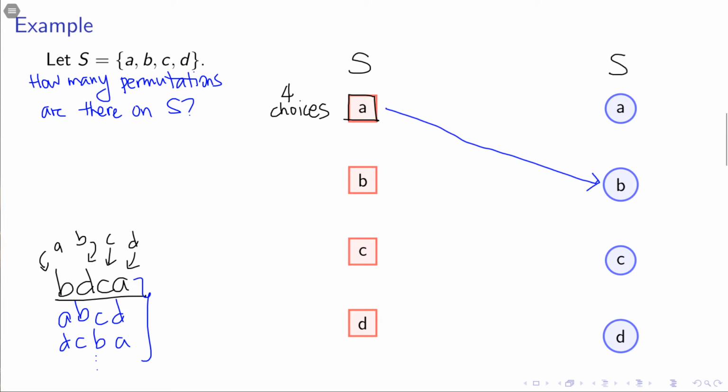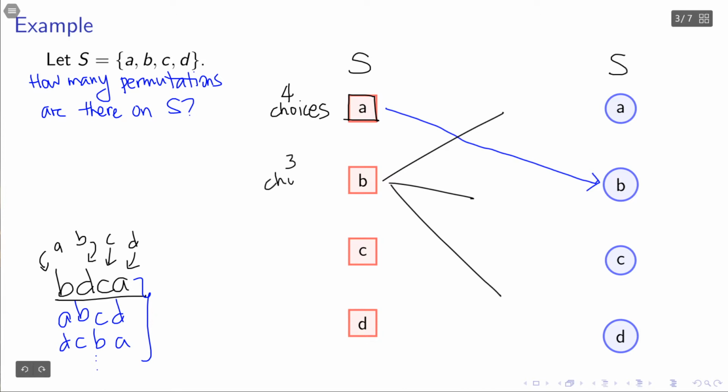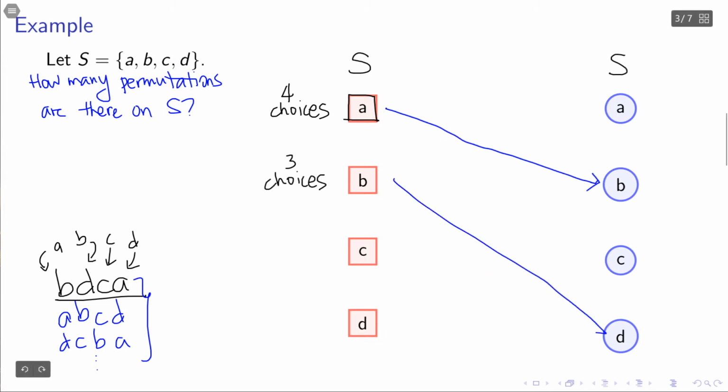How about B? Well, now that we've mapped A to B in the first step, in the second step, well, regardless of where you mapped A to, you'll have 3 choices left for B. Right, so let's say we're mapping B to the element D.